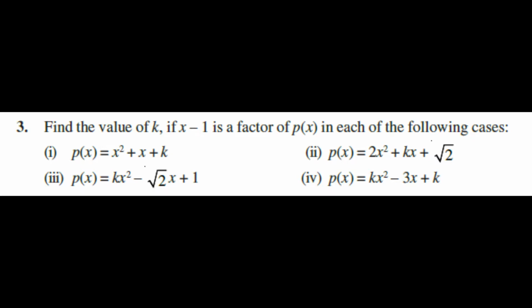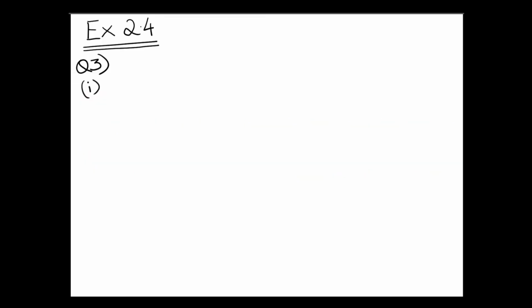Now moving on to the third question. The third question asks us to find the value of k if x minus 1 is a factor of p of x in each of the following cases. And the first one over here is p of x is equal to x square plus x plus k.